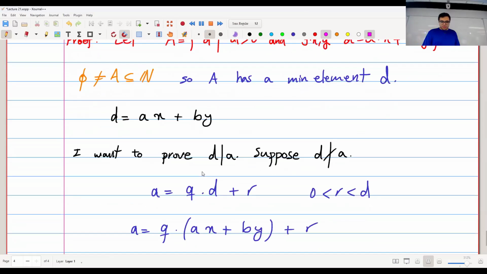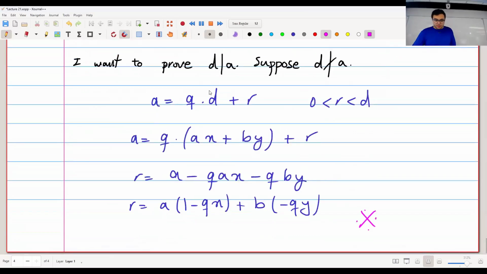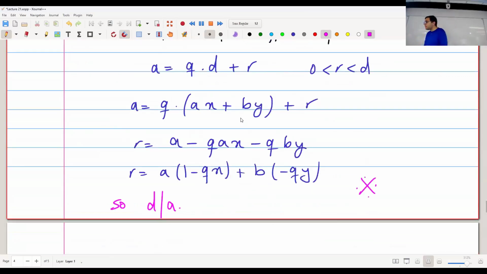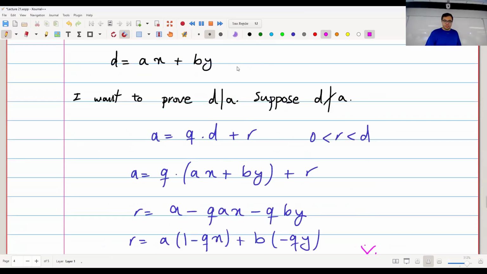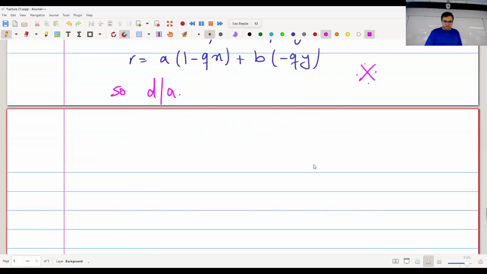It came from this assumption that D does not divide A. So this proves that D divides A. But I can do the exact same proof for B. I can show in the same way that D divides B. Just repeat the same thing, just on the B side.